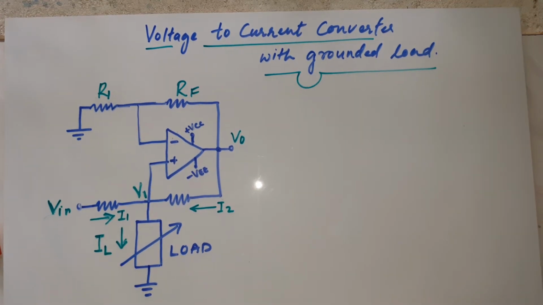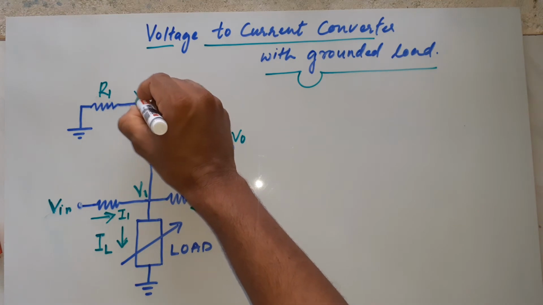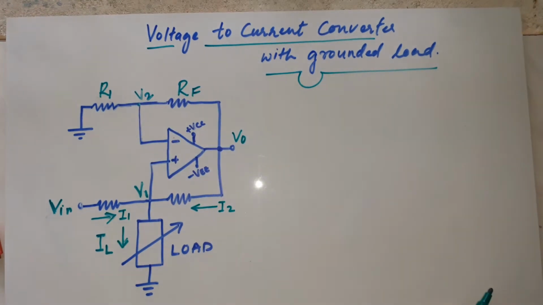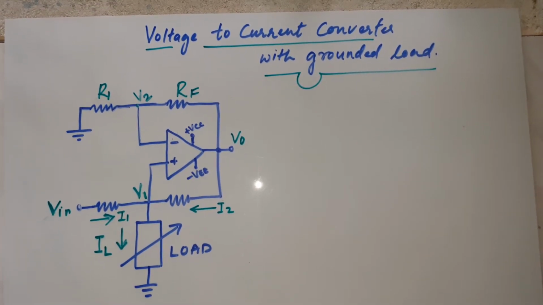Alright, anything else? Anything remaining? Let this be V2. Alright. Now, for analyzing how this circuit works, your analysis should begin like this.